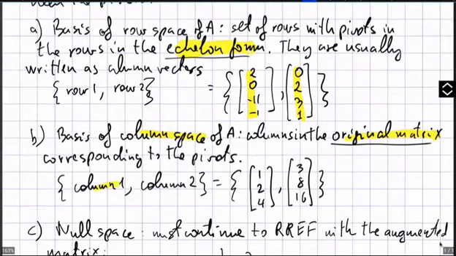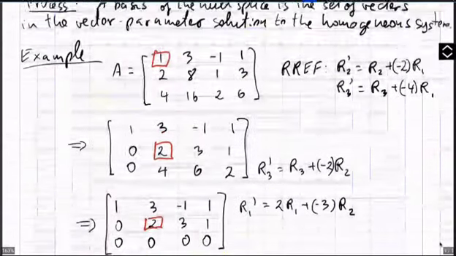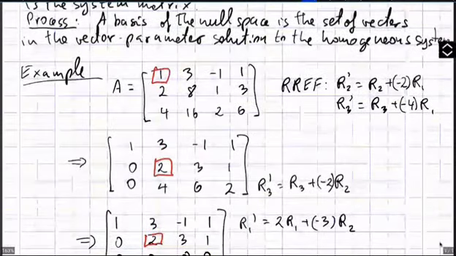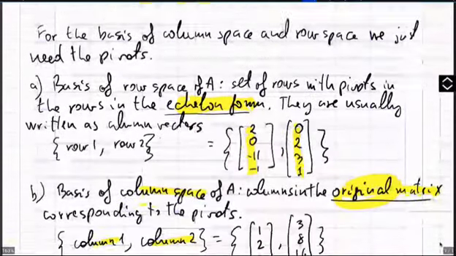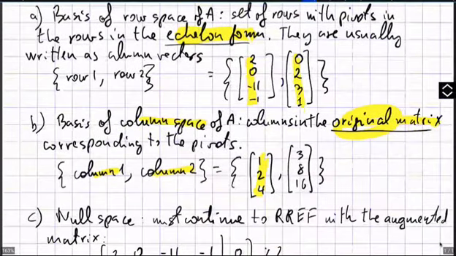So we need the first and second column, but we need from the original matrix. And those are the vectors 1, 2, 4, and 3, 8, 16. So this is the basis for the column space. The column vectors in the original matrix that have pivots in them.